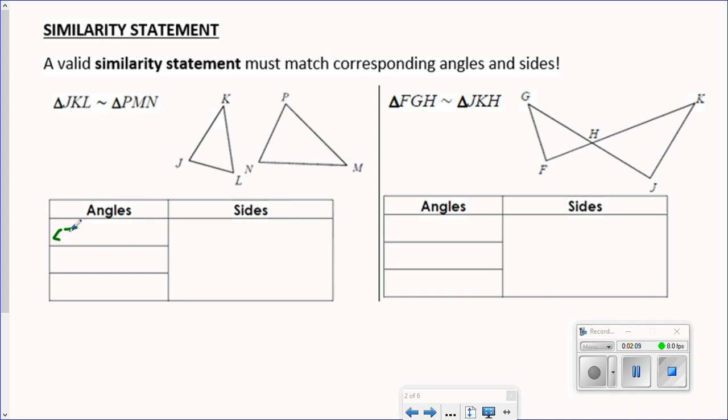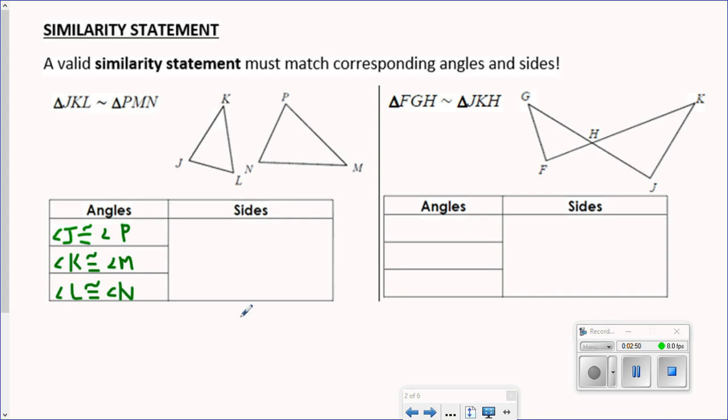Angle J is congruent to angle P. Then angle K is congruent to angle M. And then angle L is congruent to angle N. That should be very familiar to you since we just finished that with congruent figures.